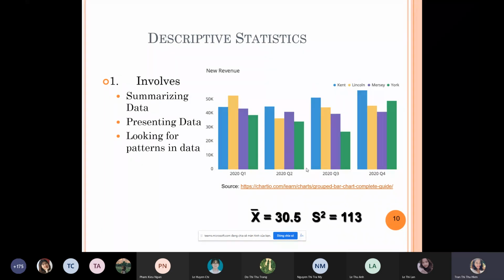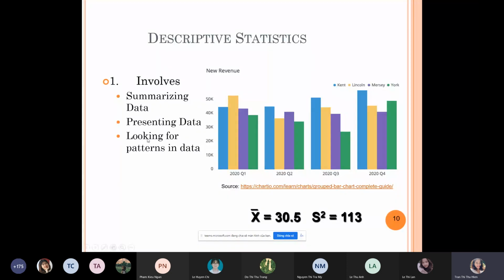When you look at the graph, you can see the revenue for Q1, Q2, Q3, and Q4. Such summaries of data, which may be tabular, graphical, or numerical, are referred to as descriptive statistics.